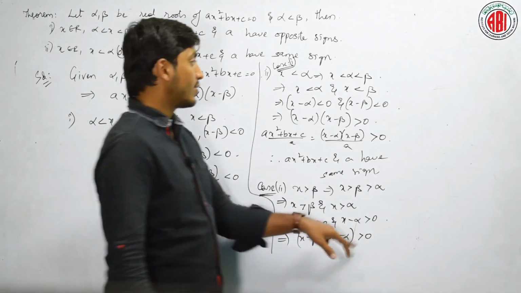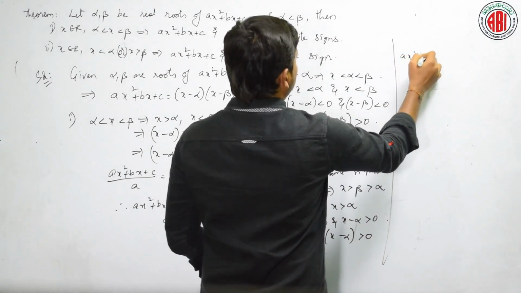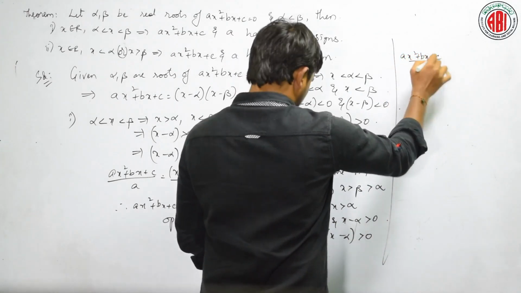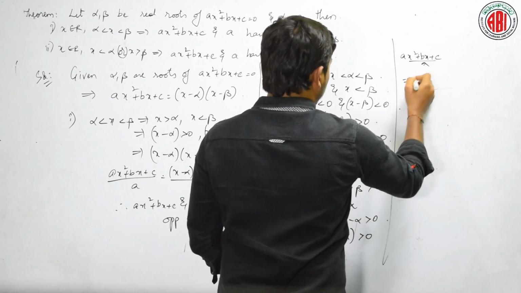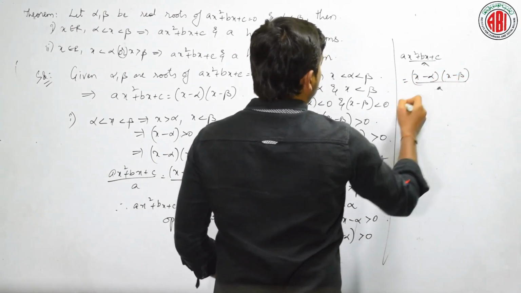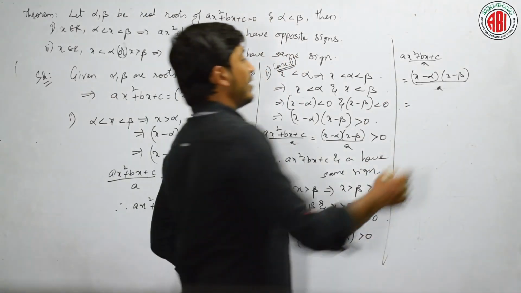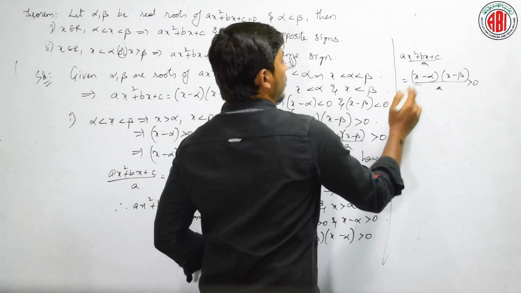Is it right? So, let us substitute in this formula. What do I get? (ax square plus bx plus c) by a is equal to (x minus alpha) into (x minus beta) by a, that is nothing but, since it is greater than 0, obviously this is greater than 0.